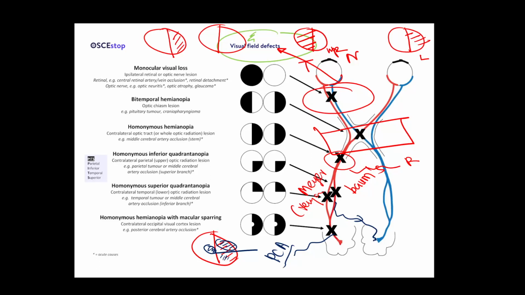Right, so this is the first part of the neuro-ophthalmology video that I'm doing. I know that this is something that is very difficult, and you might not find it easy to understand.